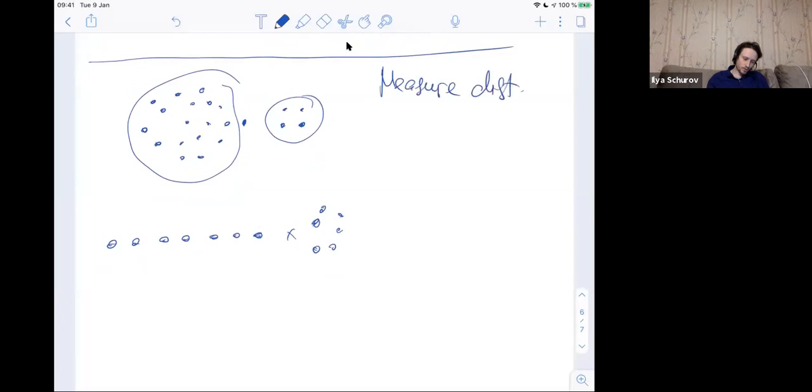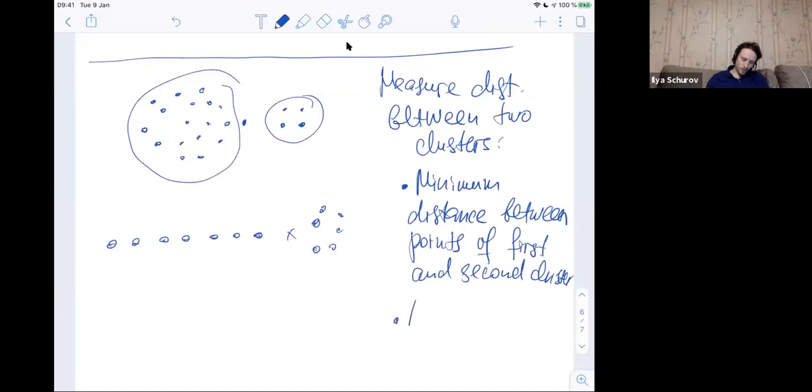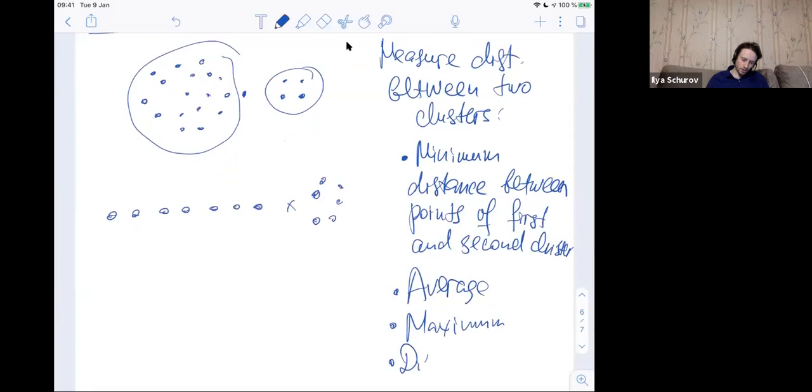Measure distance between two clusters. For example, minimum distance, average distance, maximum distance, and distance between centroids.